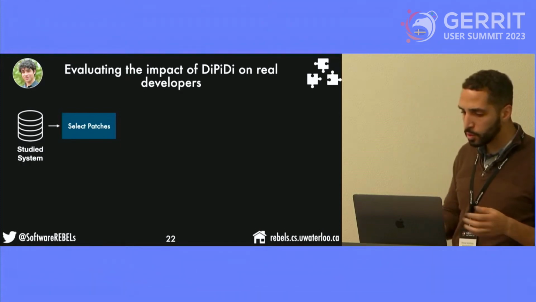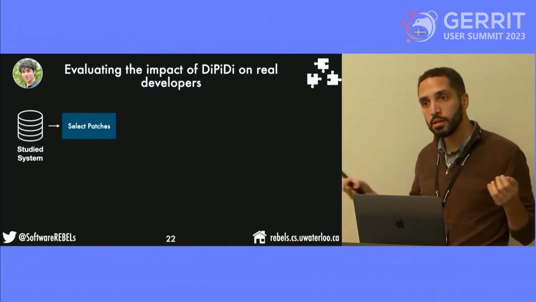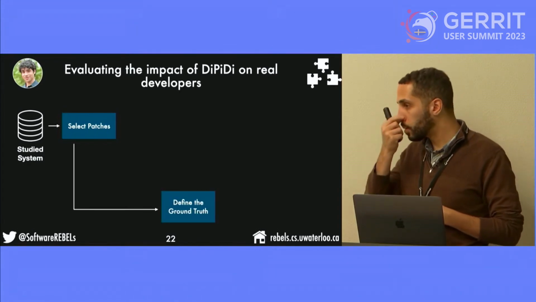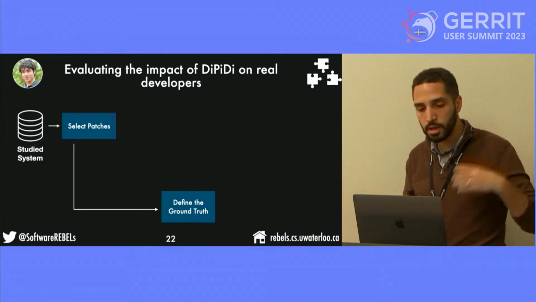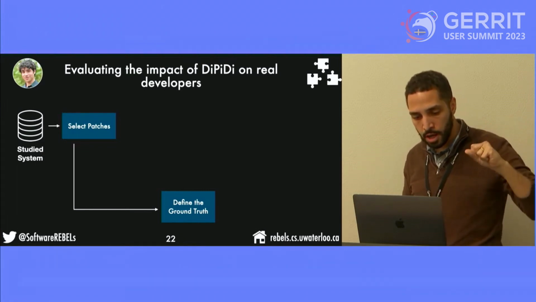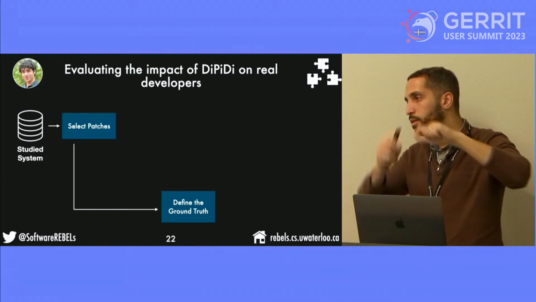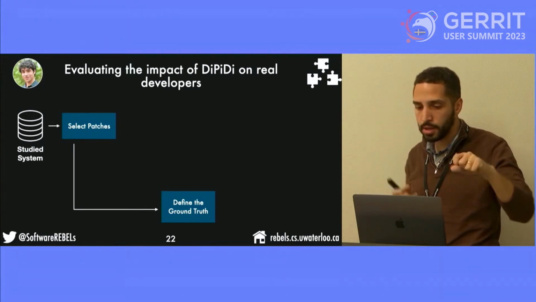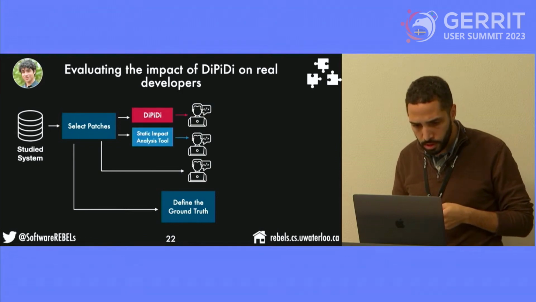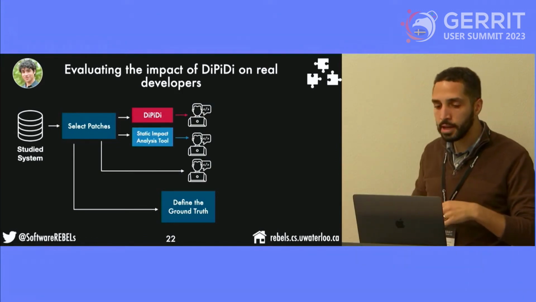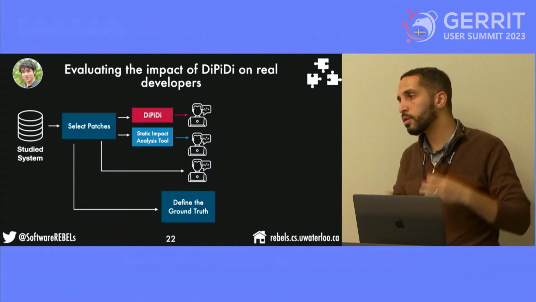What we did is we selected real patches from real software systems, and we manually defined what the ground truth was. Myself and my student, Mehran, went through these patches and said, okay, these are the red nodes, these are the deliverables that are impacted by these change sets. Then we took a pool of participants and split it up, kind of like a controlled drug trial.